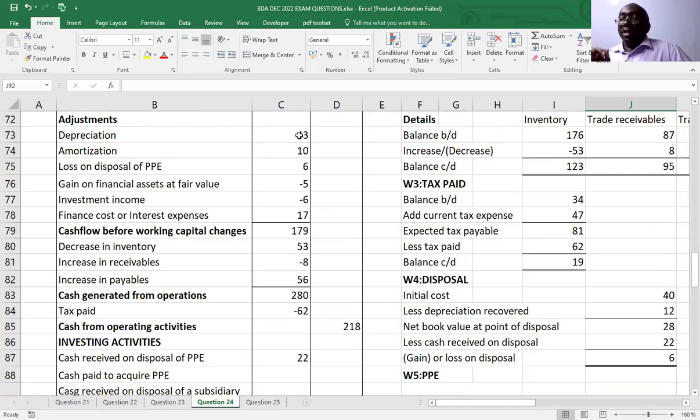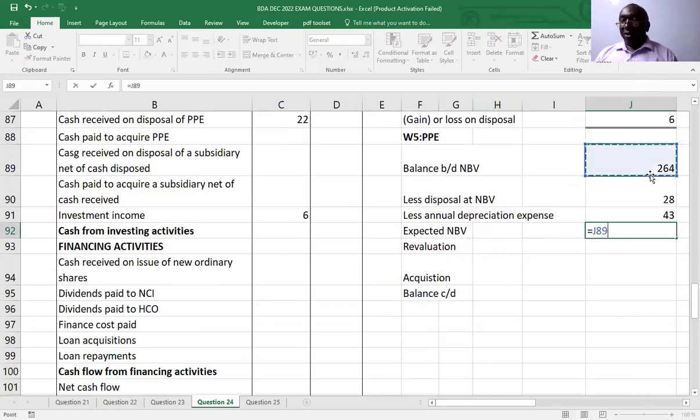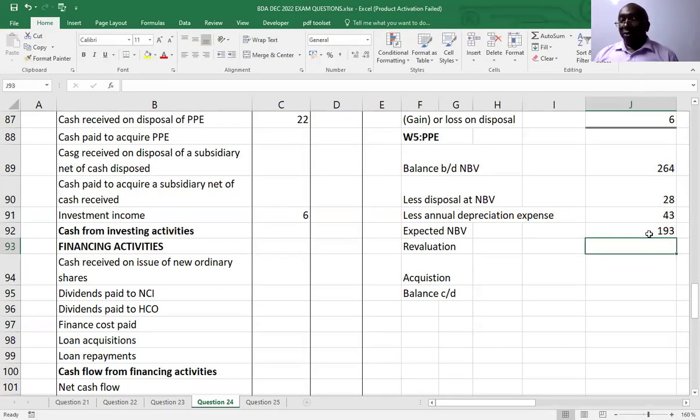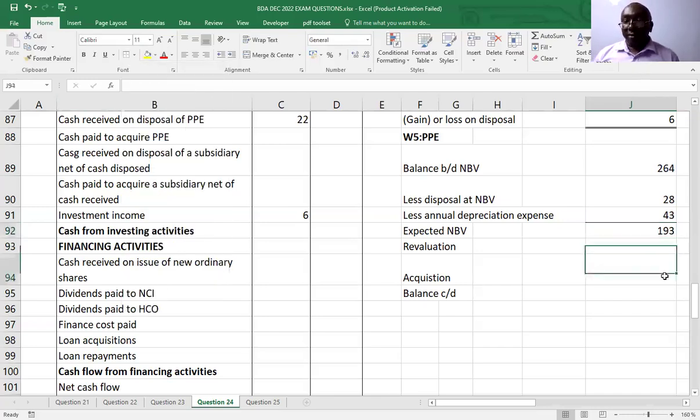If those are the only things that happened, that is we disposed and we charged depreciation, then how much should we have had? It should have been these 264 minus what we sold minus the depreciation charge. So we should have added up with 193. So this one you can give it a top border.